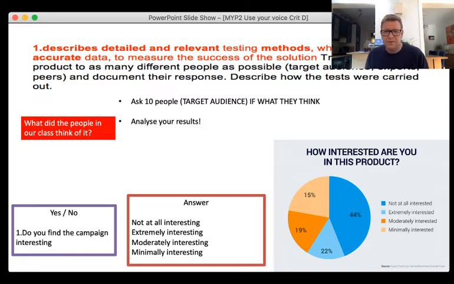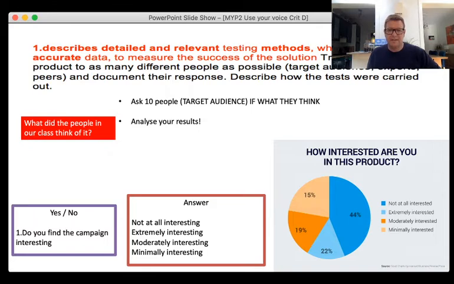It also says to try to show your product to as many different people as possible. So make a questionnaire with very simple things. Did you find the campaign interesting? That can be a yes or no question. But you can also make it a bit more interesting. Look at this: they could answer not at all interesting, moderately interesting, or extremely interesting.